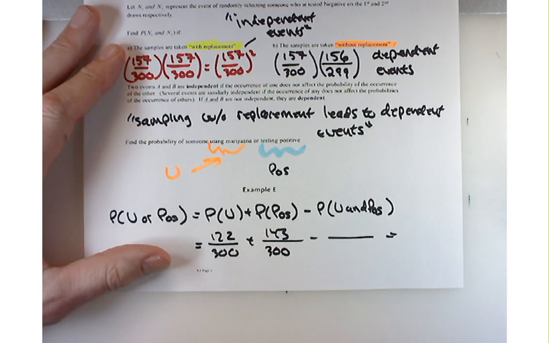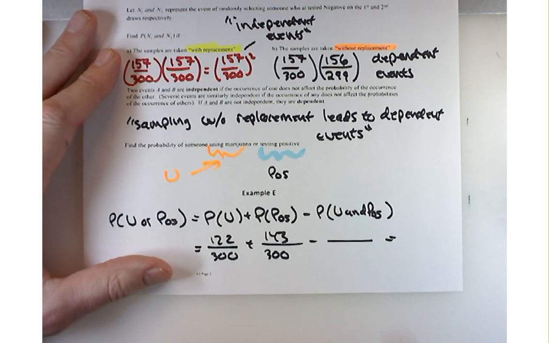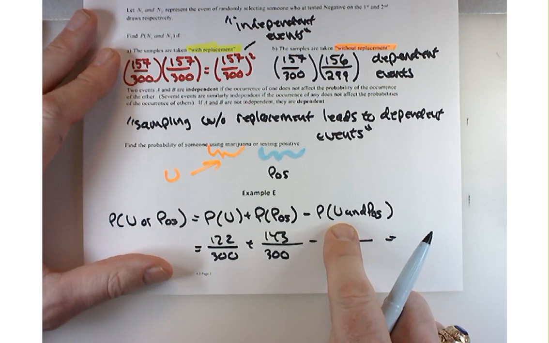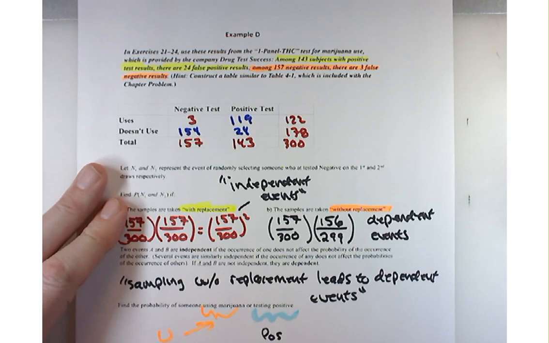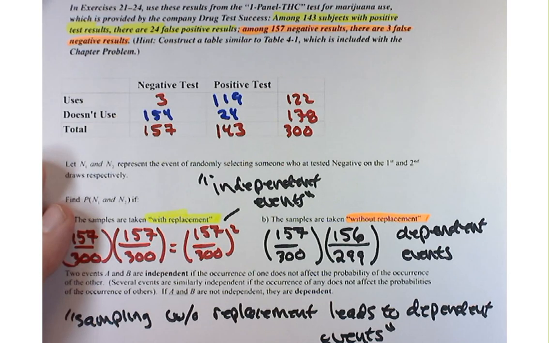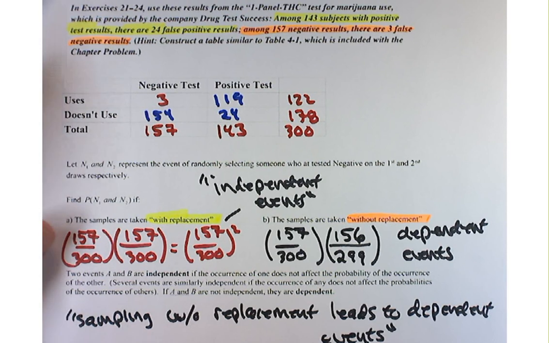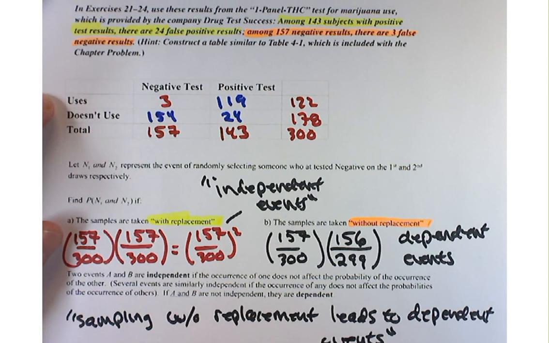Excellent. Gabby, I need to know now, what's the probability that somebody used and tested positive? How many people were there in that group? How many people were users that tested positive? Would it be 265 over 300?